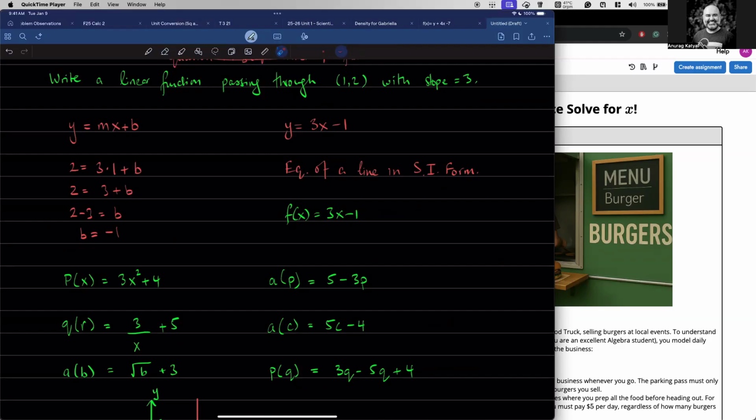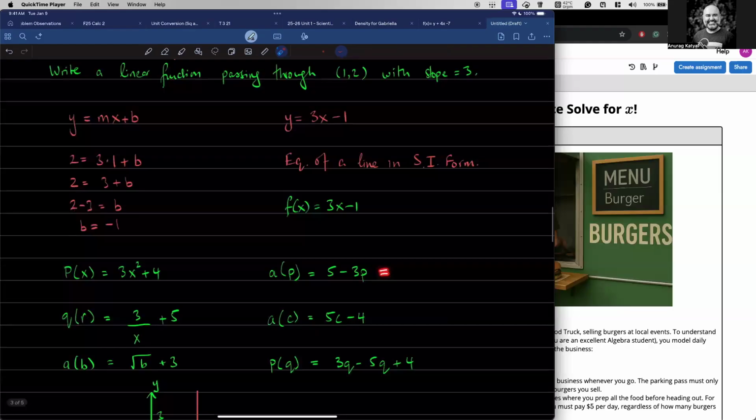Doesn't look like mx plus b, though. What's 2 plus 3? What's 3 plus 2? So when you're adding stuff, it doesn't matter the order in which you add them. So could I rewrite this problem as negative 3p plus 5?